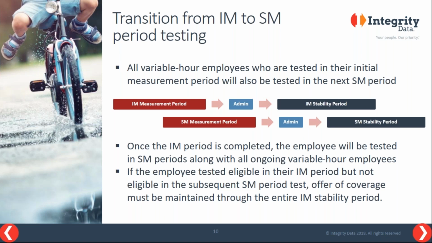Our ACE solution has a stability period management report that will highlight employees and show when their stability period will end, whether it be an initial measurement stability period or a standard measurement stability period. You can also look at one of our KB articles. It's 14-044 on the Integrity Data website for further explanation on this.